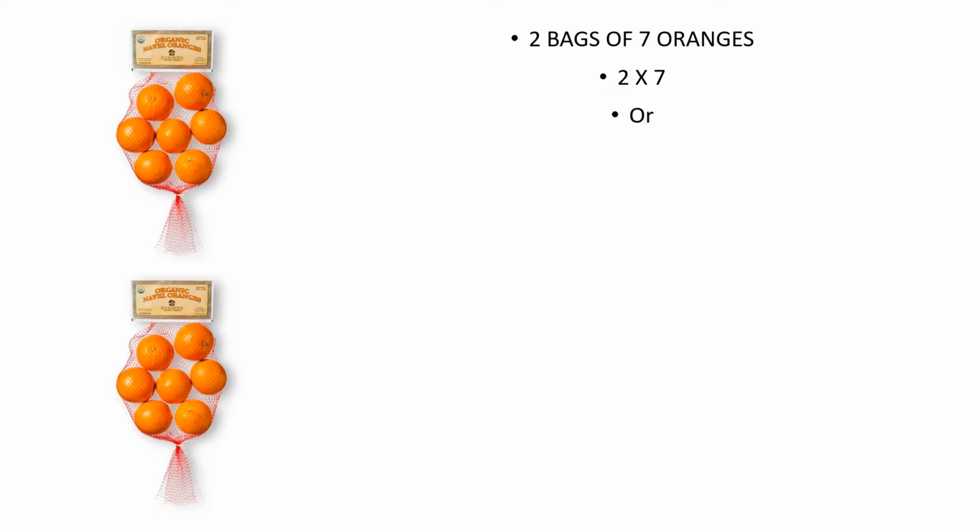Or did some people think about it as 2 groups of 7, meaning 7 plus 7? Either way, I think you all would have gotten 14 oranges. So I got 14 oranges, right? So feeling healthy, we're fighting the COVID, right?